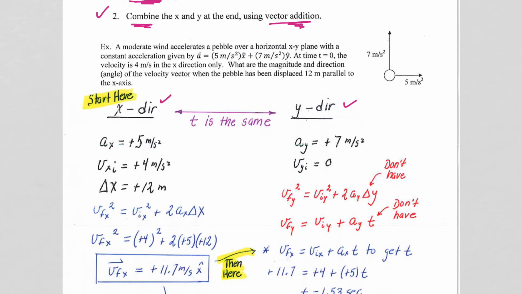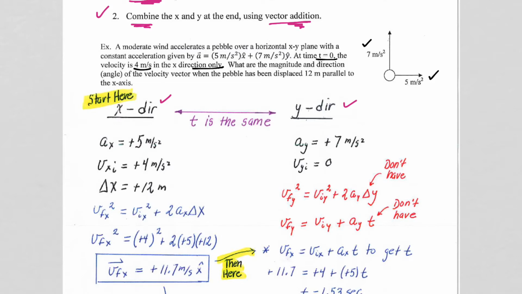We are told that a moderate wind accelerates a pebble over a horizontal xy plane with a constant acceleration given by 5 meters per second squared in the x direction, positive 5, and positive 7 meters per second squared in the y direction. We are also told at time t equals 0, the velocity is 4 meters per second in the x direction only.